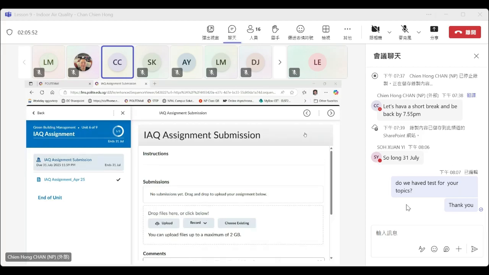And also because, for example, in industrial buildings, just like what this Shin has mentioned, the release of these so-called byproducts of the industrial activities could cause the pollutants, the total VOCs, to be very, very high.